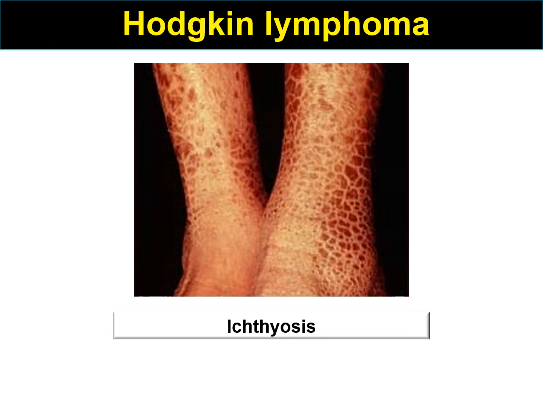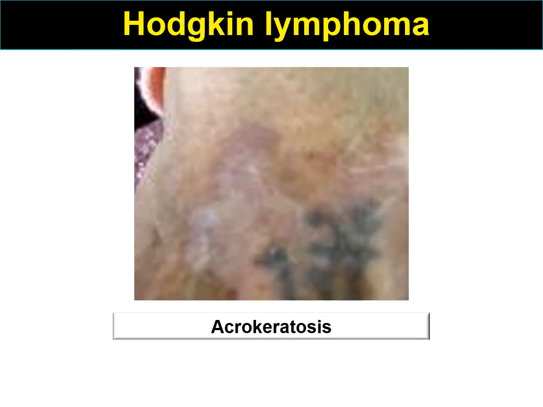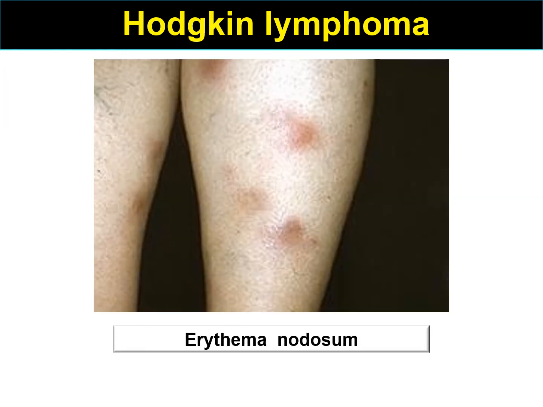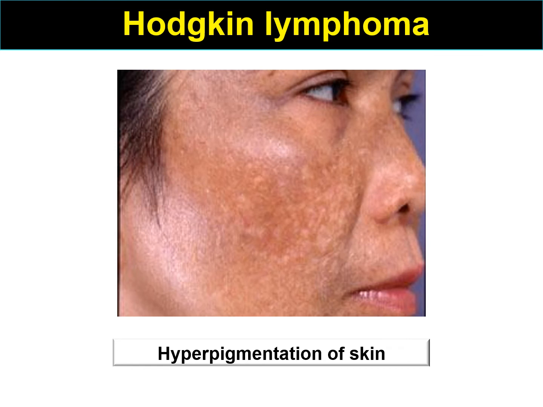That means the fishy skin or fish-like appearance of the skin. Another feature is acrokeratosis, that is the hyperkeratosis of the acral parts. Development of trichomegaly, the presence of lesions of erythema nodosum, hyperpigmentation of the skin.